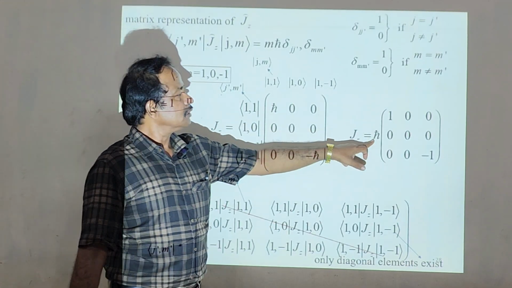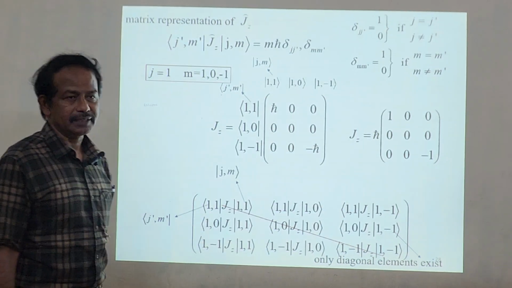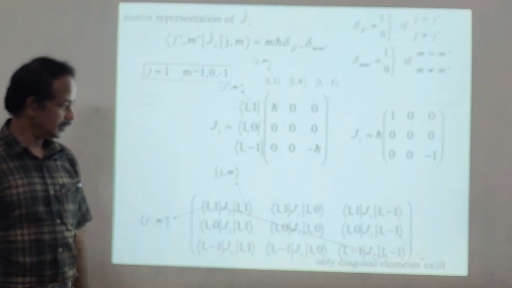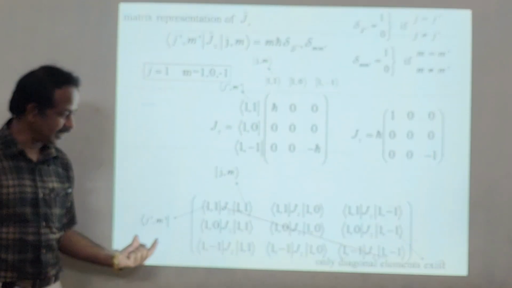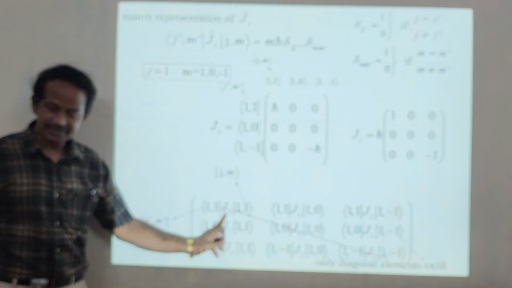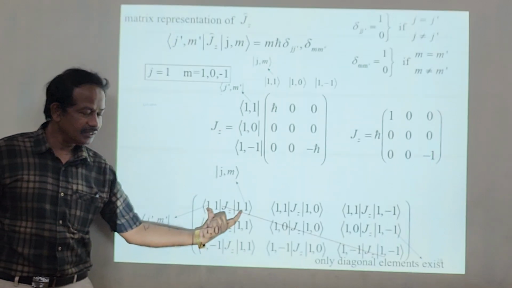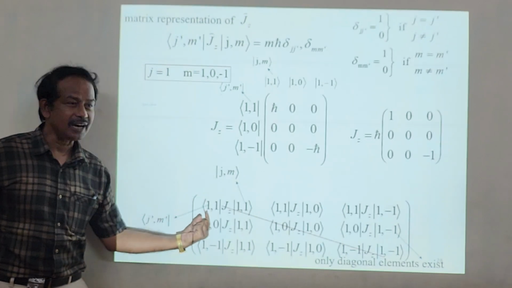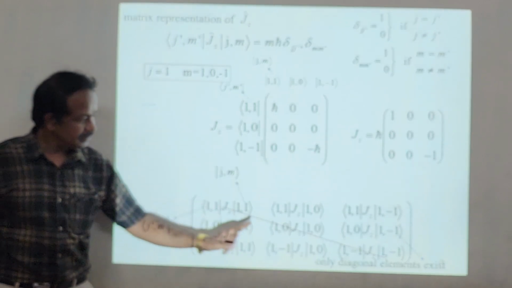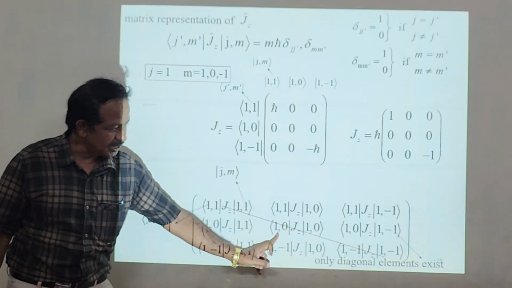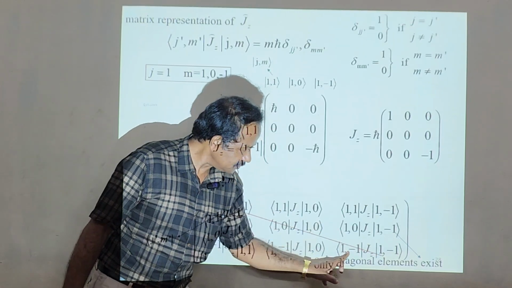Now you can pull h bar out and you will get the complete matrix element of Jz. This is the matrix representation of Jz. J is sandwiched between ket 1, 1 and bra 1, 1; ket 1, 0 and bra 1, 0; ket 1, minus 1 and bra 1, minus 1.